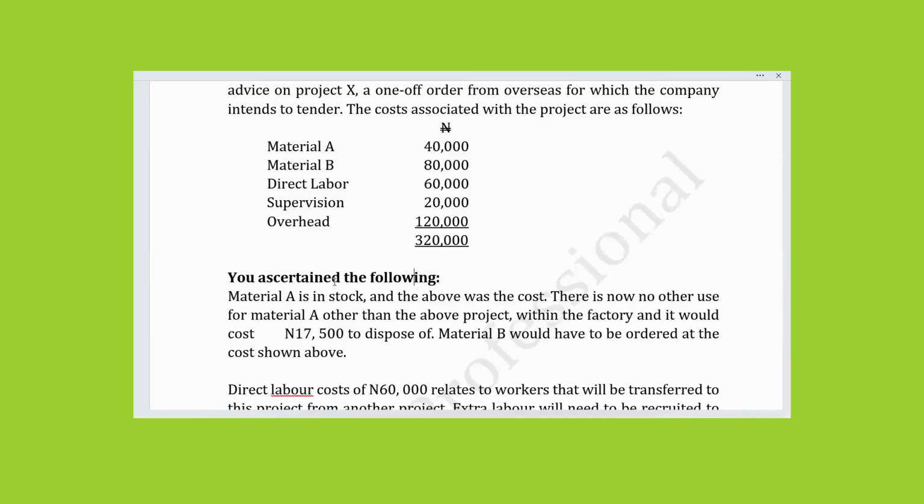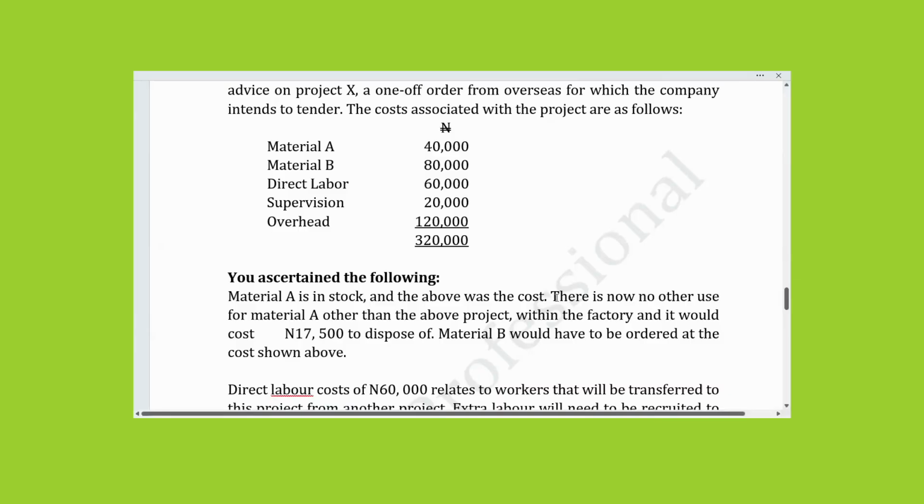So now you are told that material A is in stock and the company purchased it for 40,000 naira. So this material A that is in store is a historical cost, because the cost of this Project X must be future cost. Any cost that has been incurred in the past is a sunk cost. Therefore, this 40,000 naira is a sunk cost and should be ignored. So it's not relevant.